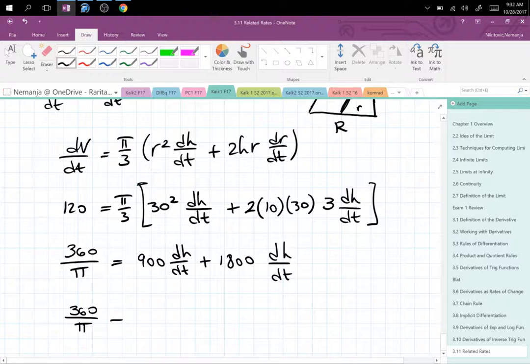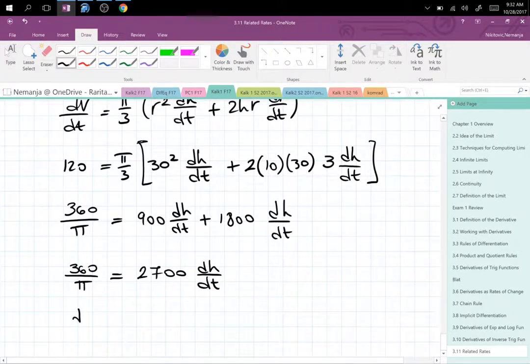360 over pi is equal to, when you add these two, 2700 dh dt. To get dh dt alone, we have 360 over pi times 1 over 2700. The 0 dies instantly.